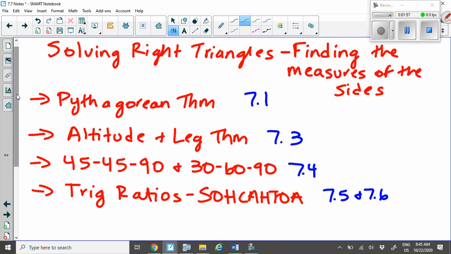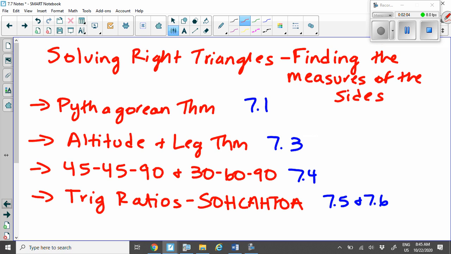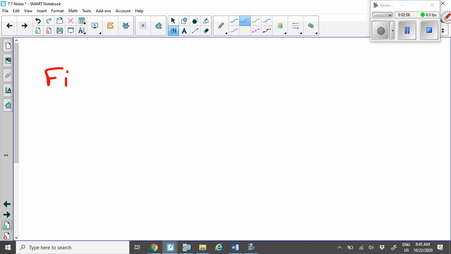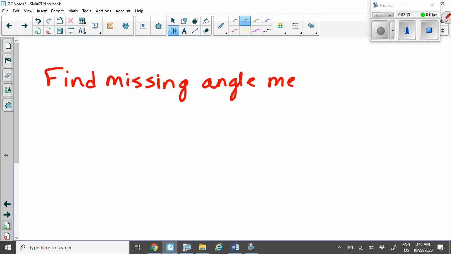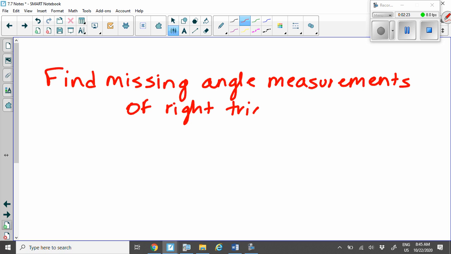Today, we're going to be talking about how we actually find missing angle measurements, okay? So to find missing angle measurements of right triangles, we are going to use what is called inverse trig ratios, okay?